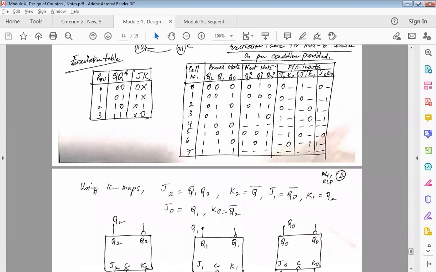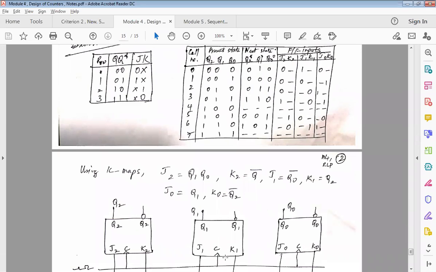J2, K2 belongs to one flip-flop. J1, K1 belongs to one flip-flop. J0, K0, one flip-flop. Can I have J2 and J1 in the same flip-flop? Sir, it's not possible. Not possible, right? This is just like left hand and right hand. J2, K2 belongs to person A, left hand, right hand.